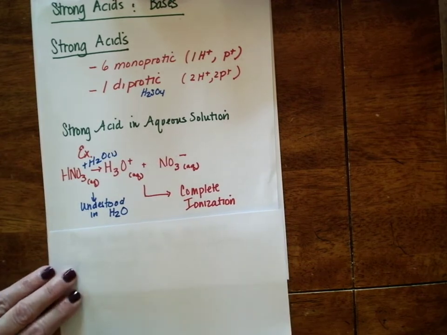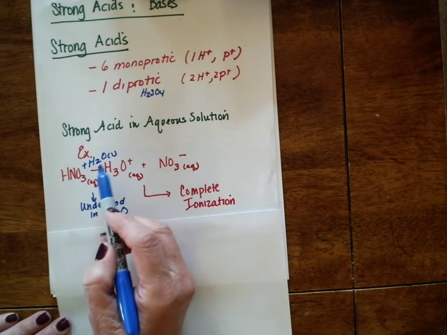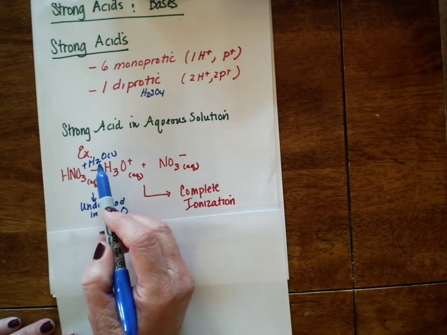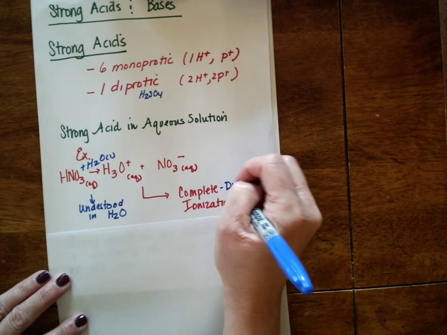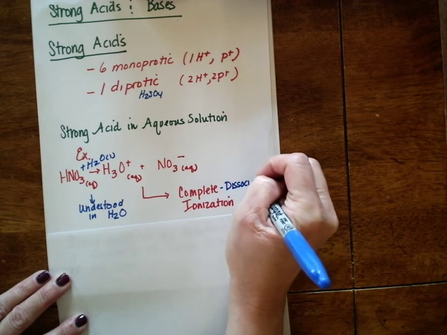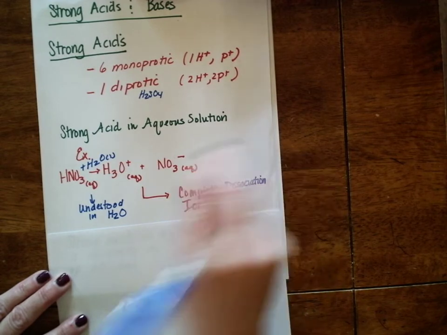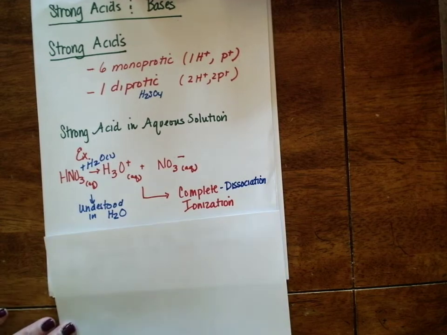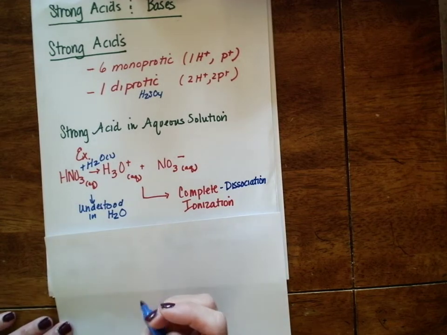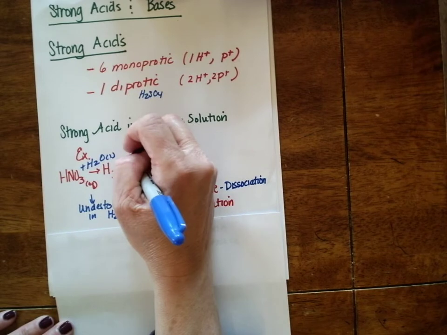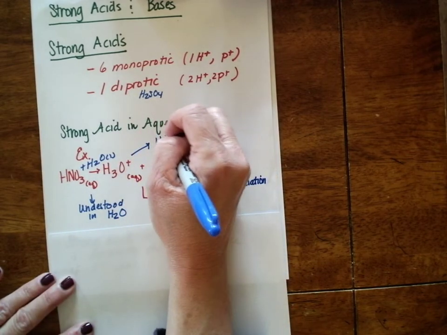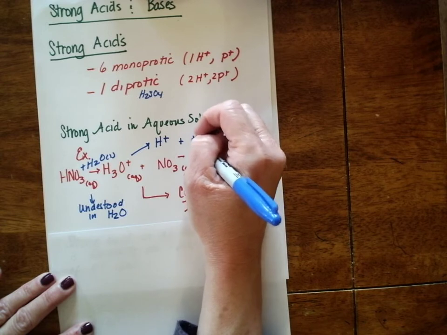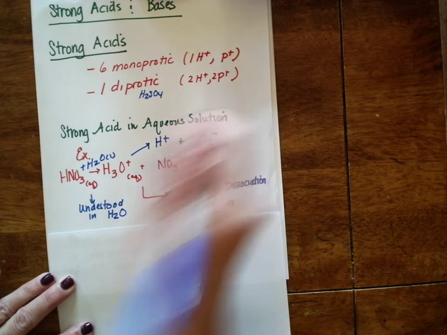And when this happens, when I put this nitric acid in water, I have complete dissociation, complete ionization of my ions. So I end up with my H3O plus and my NO3 minus. This might also be written, rather than writing it out this way, as H plus plus NO3 minus.